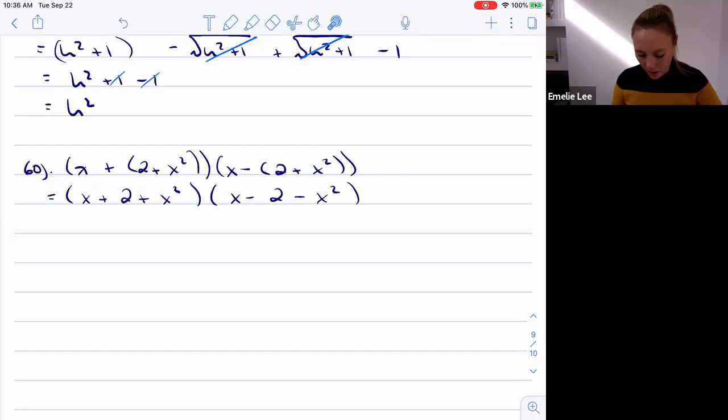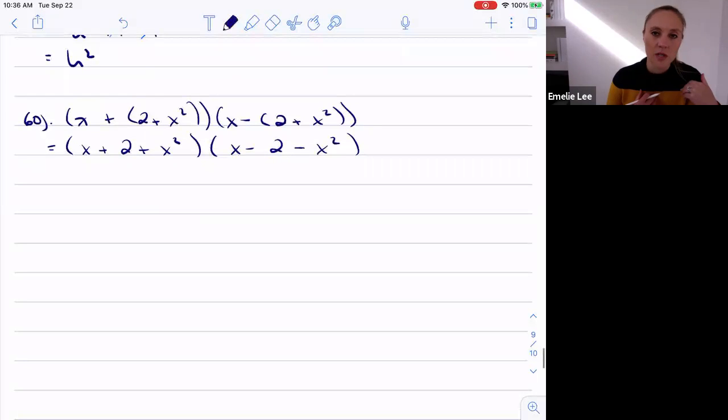Now, I could spend time and rearrange these and write x squared plus x plus 2, where it's decreasing in powers. I'm not going to do that until the very end, because it doesn't actually matter. Same thing here, I would rewrite it as negative x squared plus x minus 2, but I'm going to hold off on that, as much as it hurts, until the end.